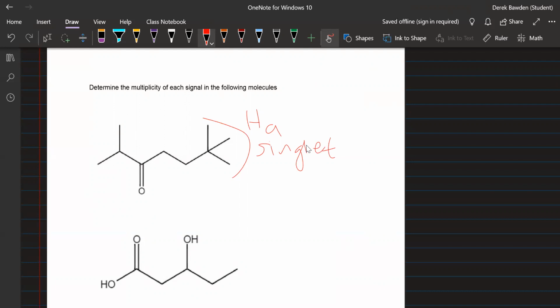Perfect. Our HBs here, what are they going to show up as? How many neighbors? Perfect. So it's going to be a triplet because HB has 2 neighbors, which are the HCs. So with 2 neighbors, the n plus 1 rule gives you a triplet. How many neighbors does the HC have?